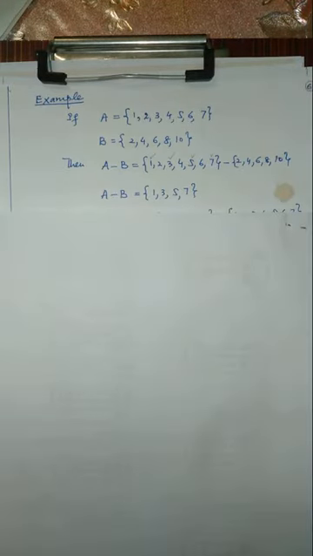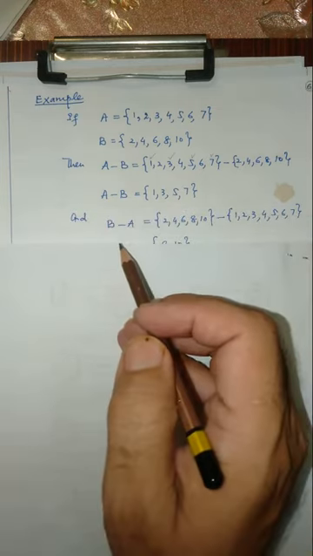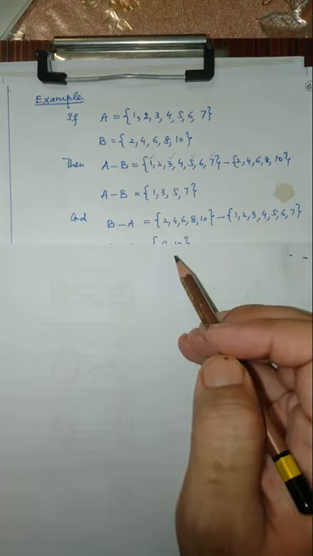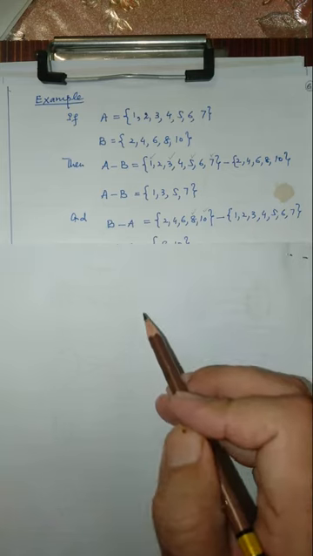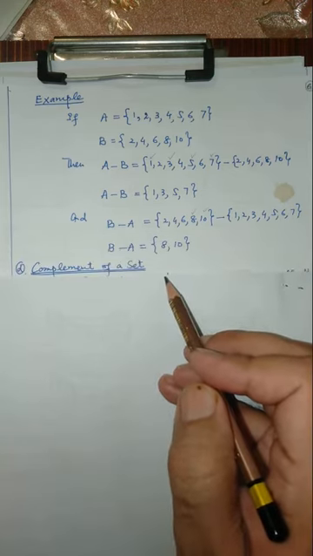Simply the extra elements of set A which are not included in set B. Now B minus A means extra elements of set B which are 8 and 10. So B minus A is equal to 8 and 10.